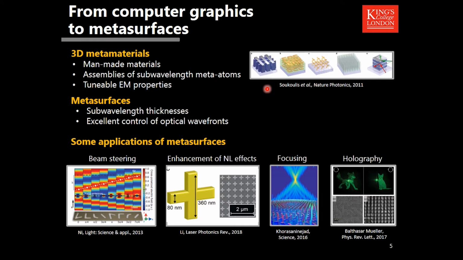Metasurfaces have recently been shown to provide an excellent control over the shaping of optical wavefronts via the manipulation of phase and amplitude of light. Here I list a few applications of metasurfaces, which range from beam steering and enhancement of nonlinear effects to focusing and holography.